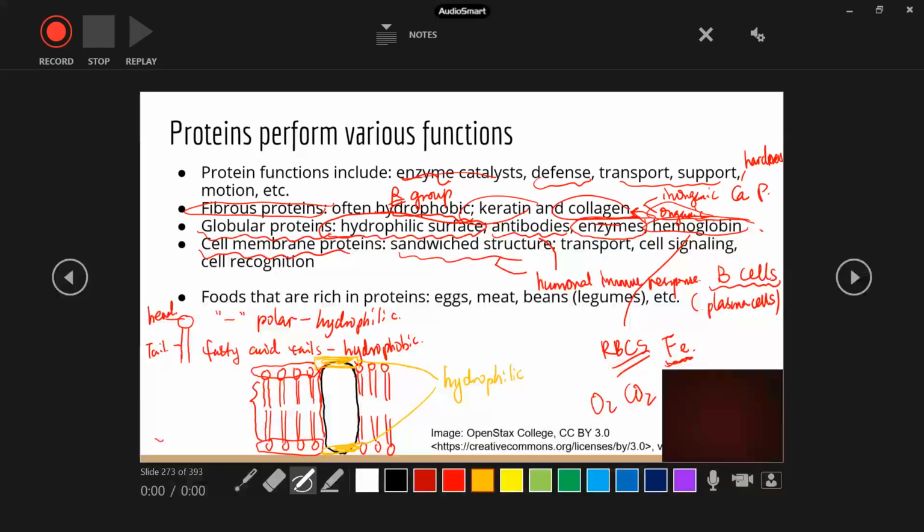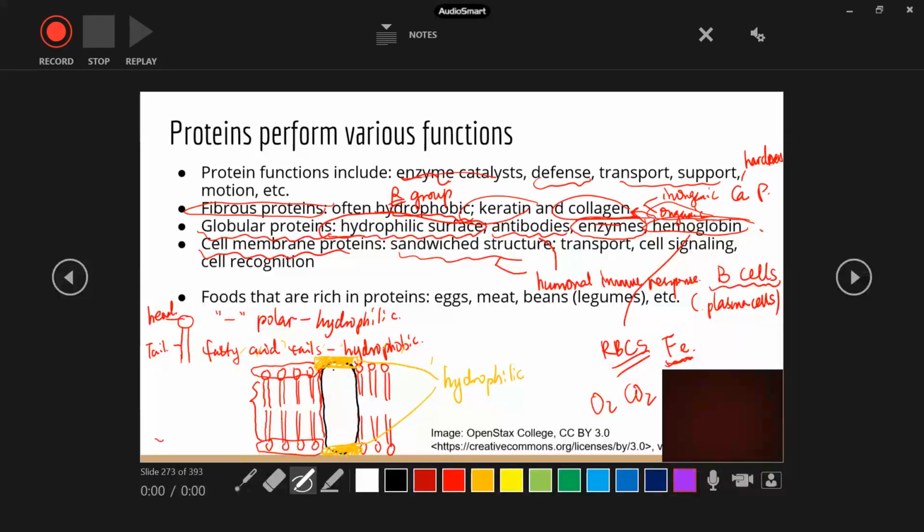If you think about it, the cell membrane is in a watery environment, so on both sides, that's mostly water. So the end that comes into contact with the water is going to be hydrophilic. And then the portion that's inside the cell membrane is going to be hydrophobic.